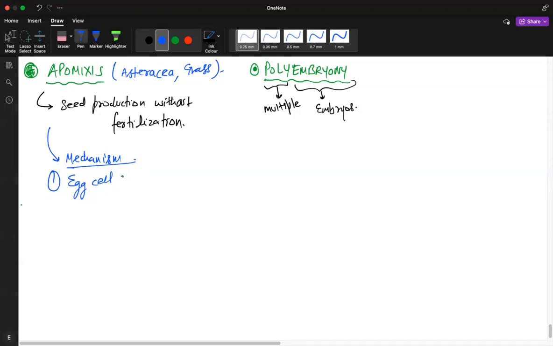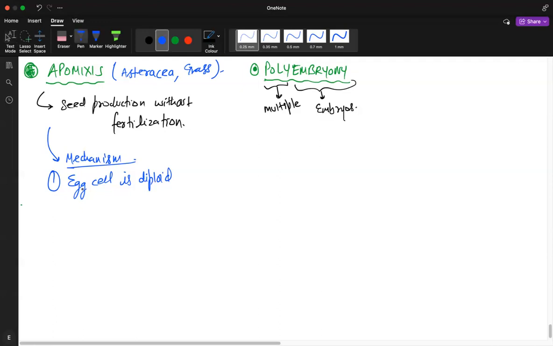In this case, the egg cell is diploid. Okay. And if it is diploid, clearly it was not formed through meiosis. So the egg cell is formed through mitosis and is diploid.